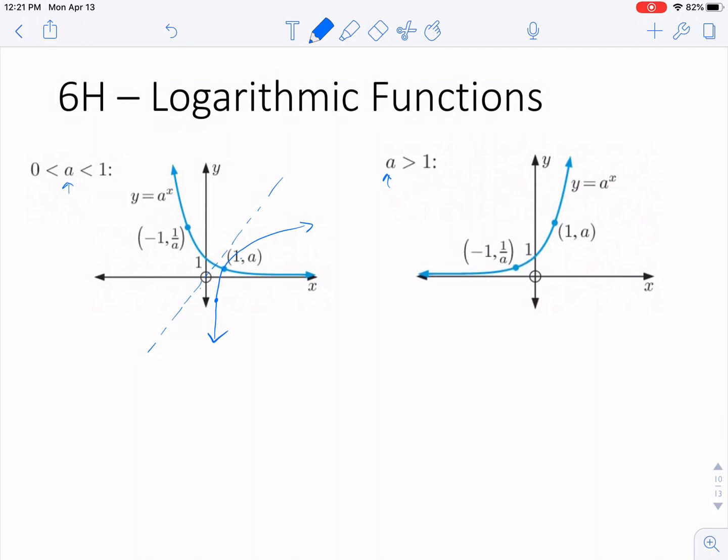So negative, so 1 over a, negative 1 over a, up 1. Yeah, I think I got that right. This one is going to be a reflection again over the graph. So 1 over a is a and 1. So that's a comma 1. And this is 1 over a and negative 1.